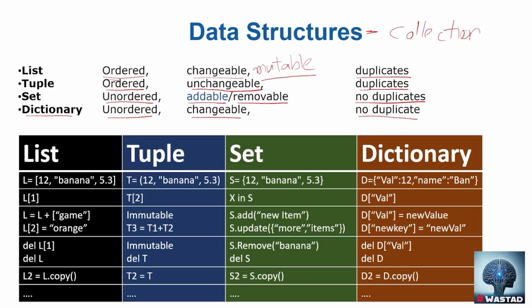The power of a dictionary is that each item consists of a pair, and one value in the pair is called the key, and the other is called the value. For example, val is the key for 12, name is the key for ban, and so on. We have seen this dictionary before in loops in a very loose way, but it's really a very powerful data structure.